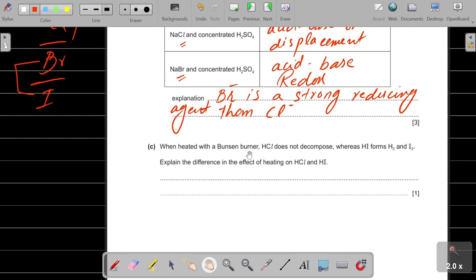When heated with the Bunsen burner, HCl doesn't decompose, whereas hydrogen iodide forms hydrogen and iodine.